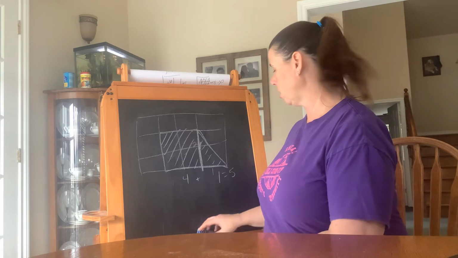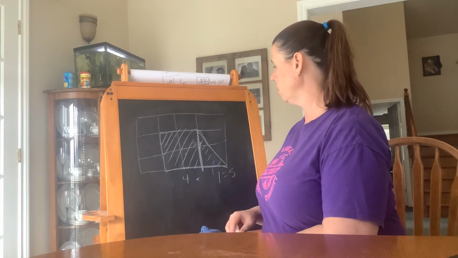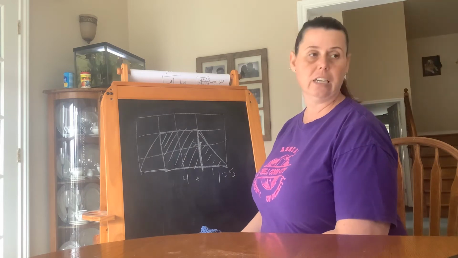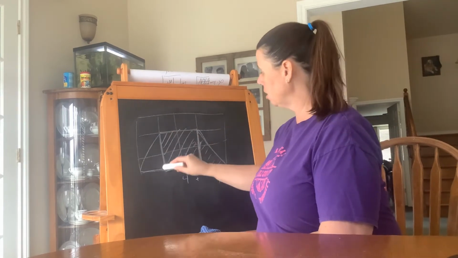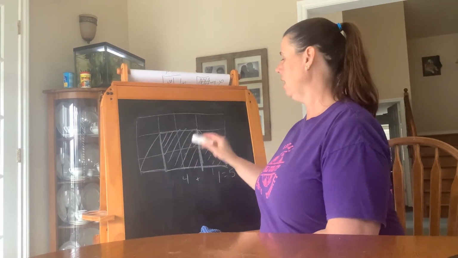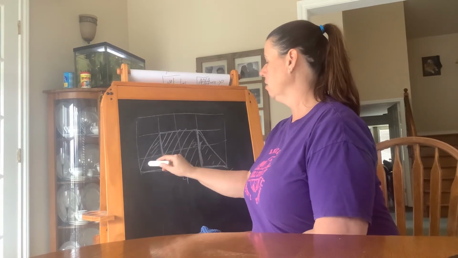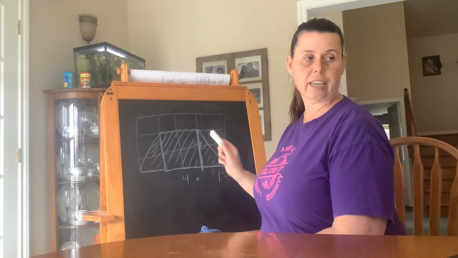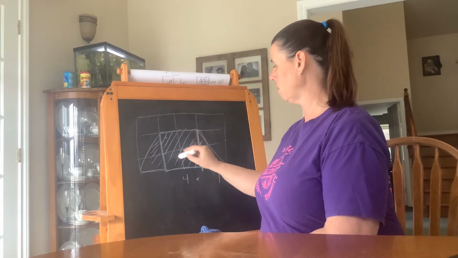Okay, same thing. Question 2, they're showing you a trapezoid that looks more like that. So now you're going to cut it into 2 triangles and a rectangle, right? And the triangles are not necessarily the same size. Again, super easy to count your rectangle.